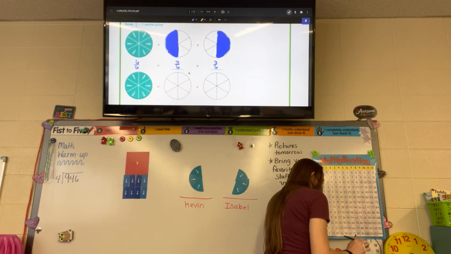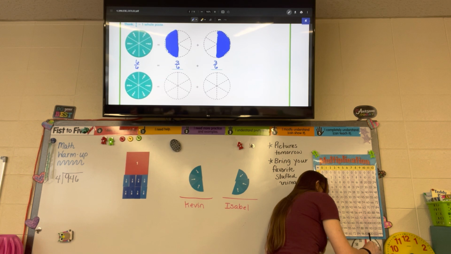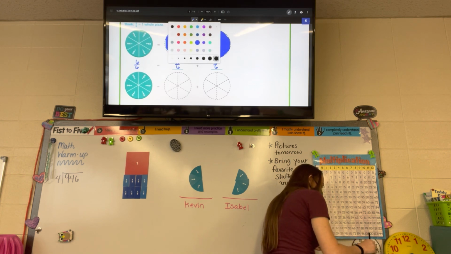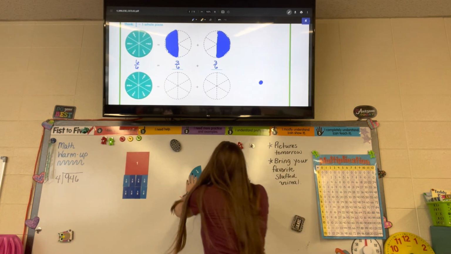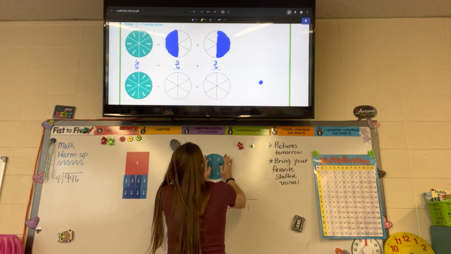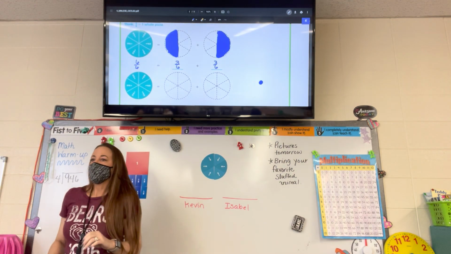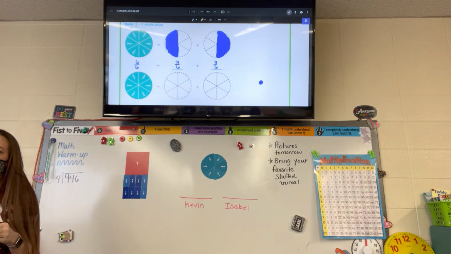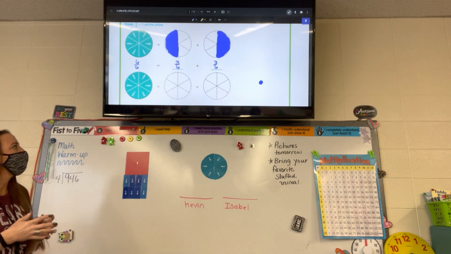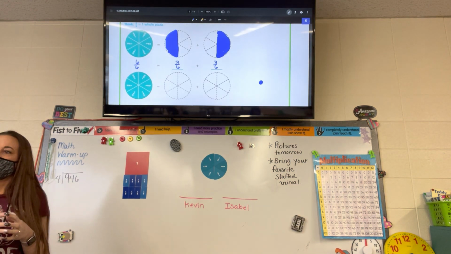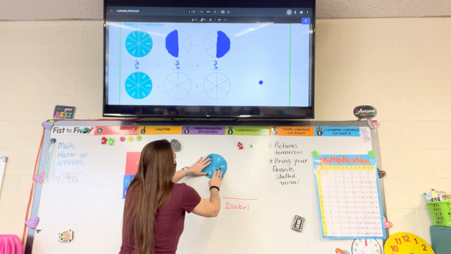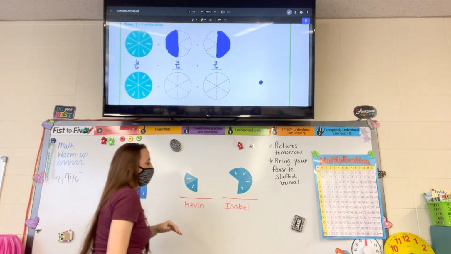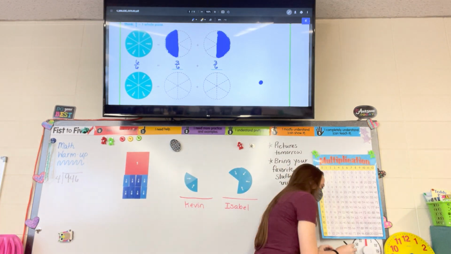What's another combination that we could do, instead of 3/6 and 3/6? Dakota? 4 and 2. We could say Isabel's really hungry and she gets 4, and Kevin already had a big lunch, so he gets 2.